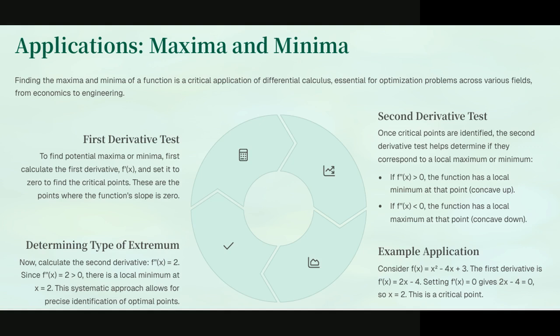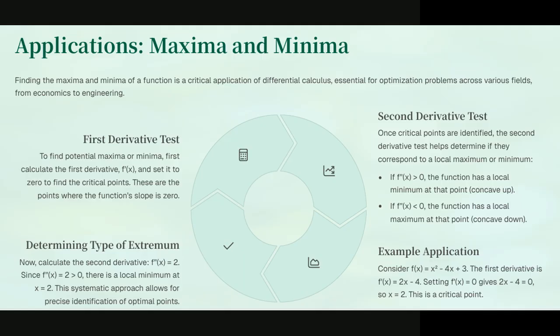A quick example given here is this function. First of all, you differentiate once, and you have 2x minus 4. To find the critical point, you set this first derivative to 0, which gives you that x equals 2 is a critical point, right?